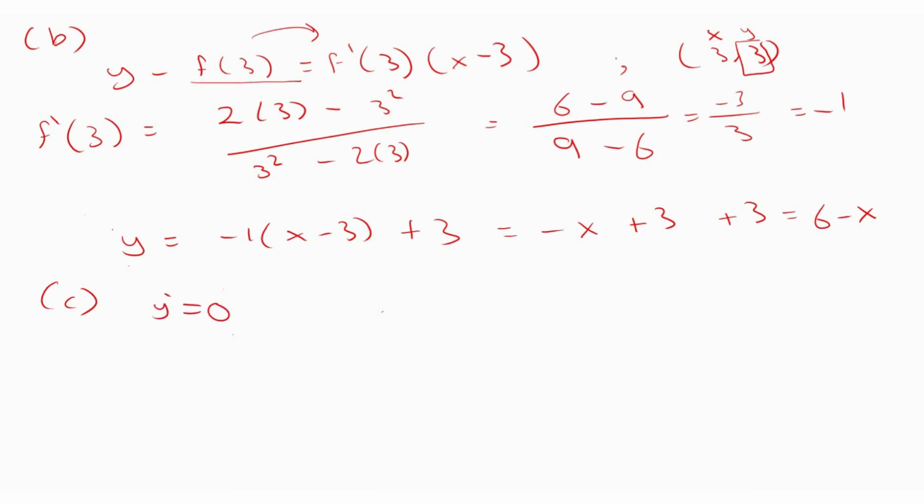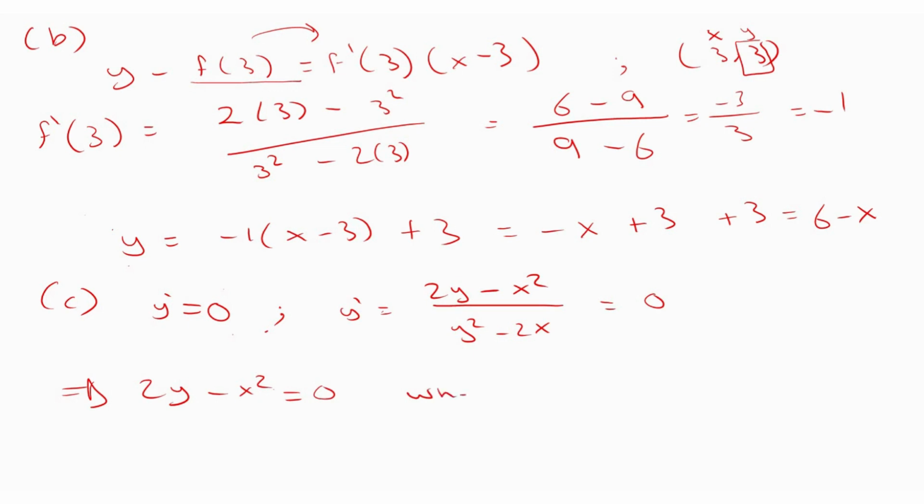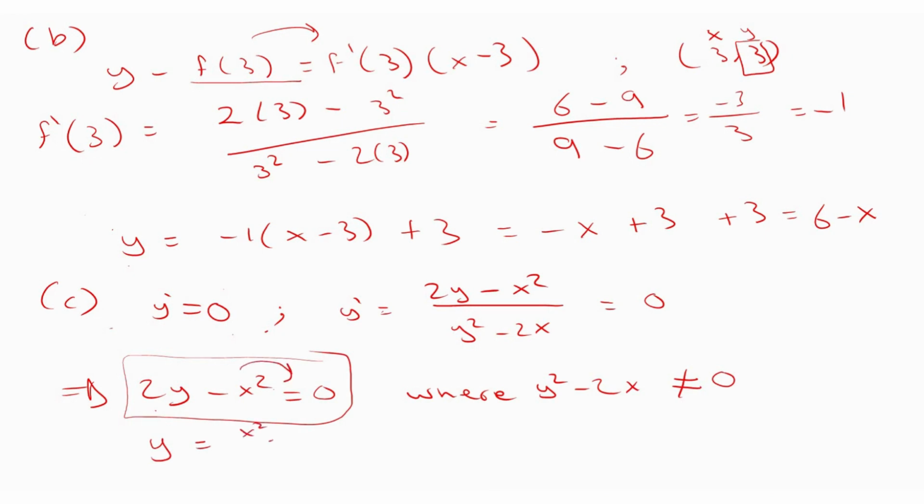We found earlier our y prime, it was 2y minus x squared over y squared minus 2x, and if we want this to be equal to 0, then 2y minus x squared should be equal to 0, where the denominator, which is y squared minus 2x, should not be equal to 0. If we solve for y in this expression, we'll get y equal, if we take x squared to the other side, this will be x squared over 2.